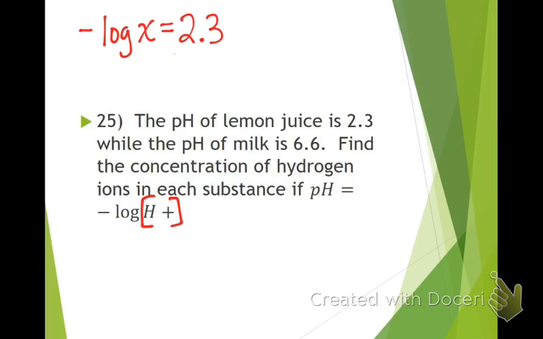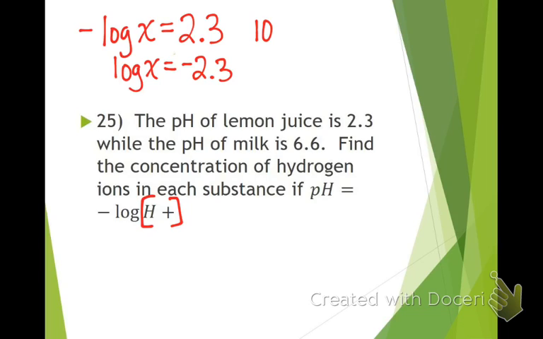Okay, now before I switch this to exponential, I am going to divide both sides by a negative, or multiply both sides by a negative, however you want to think about it. So now I have log of x is equal to negative 2.3. Now we finally arrive to the conclusion that our base is 10.